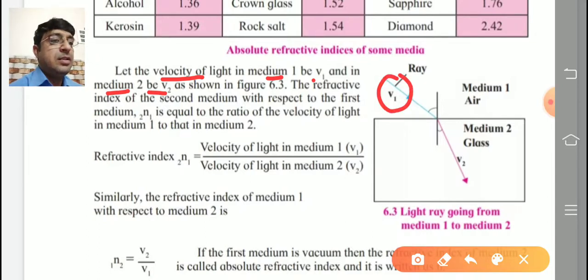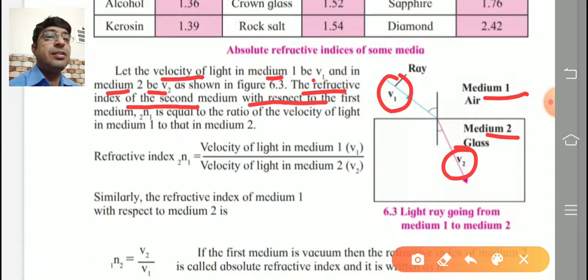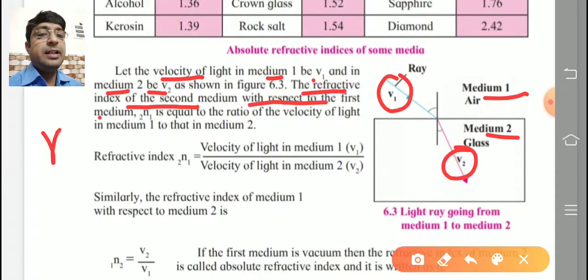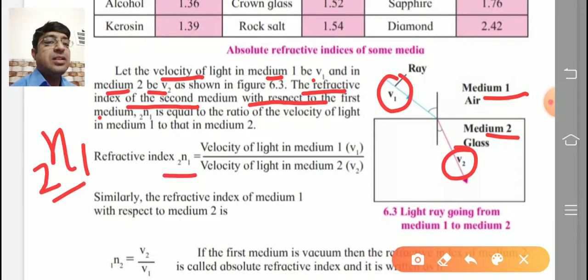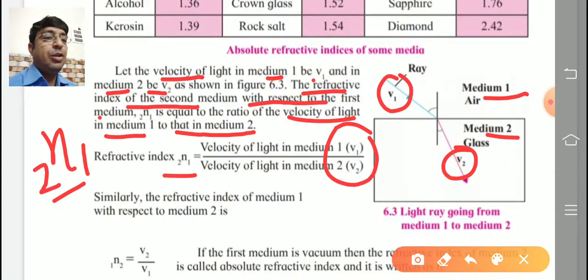The refractive index of the second medium with respect to the first is equal to the ratio of the velocity of light in medium 1 upon the velocity of light in medium 2.